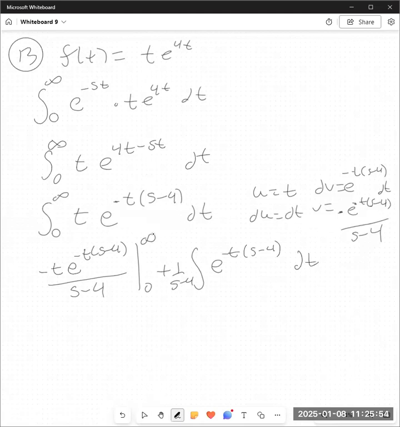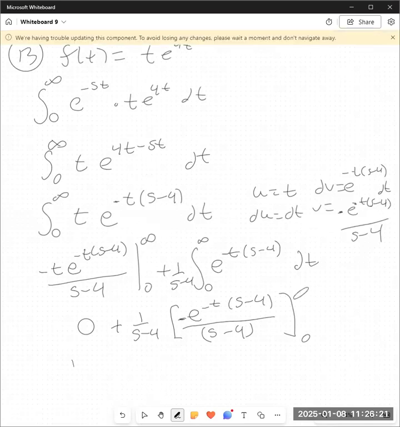That goes to 0, and that goes to 0, so this is a big 0, plus 1 over s minus 4, and then this is e to the negative t, s minus 4, negative, and s minus 4 down here, from 0 to infinity.